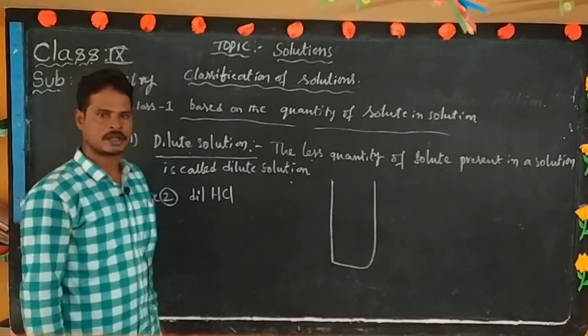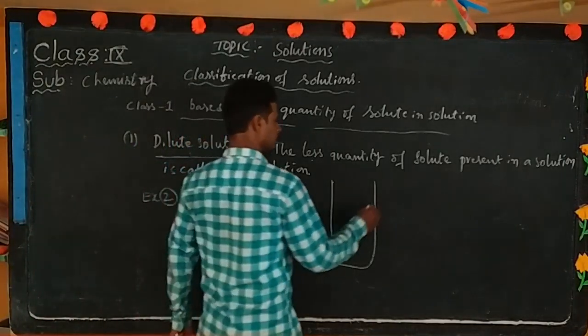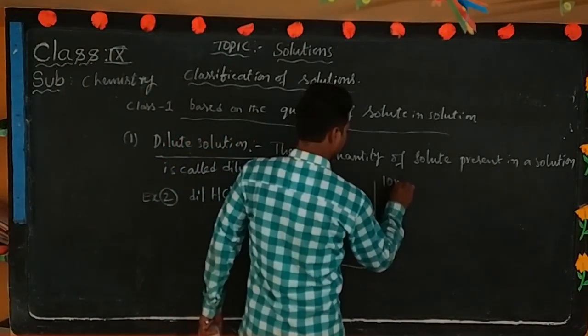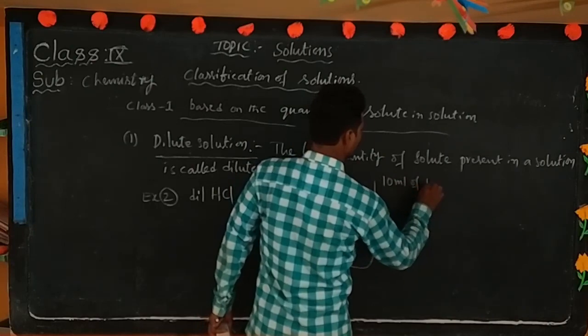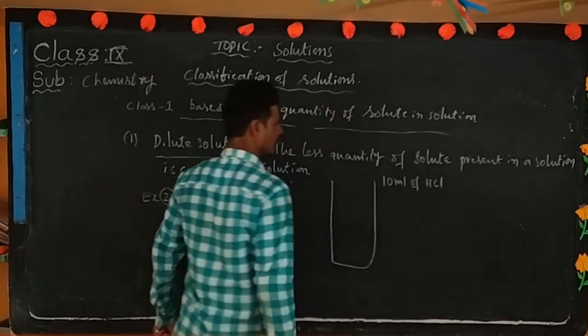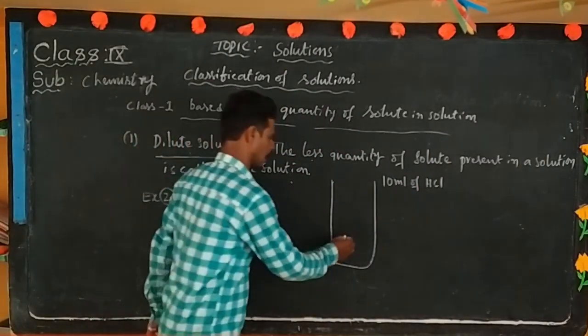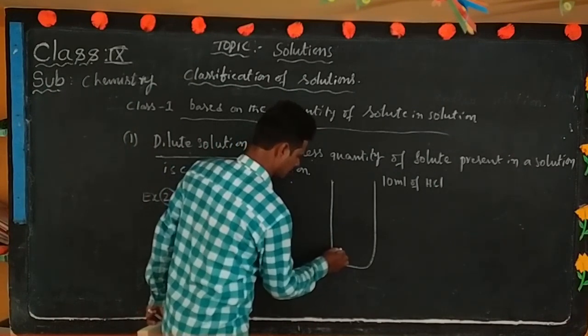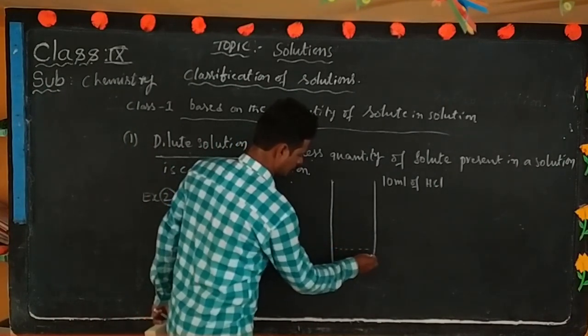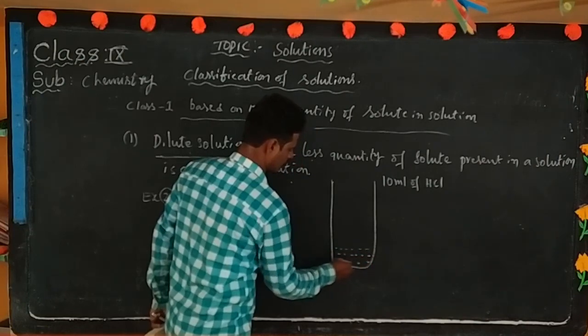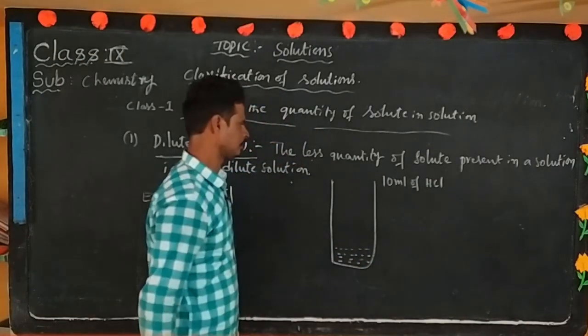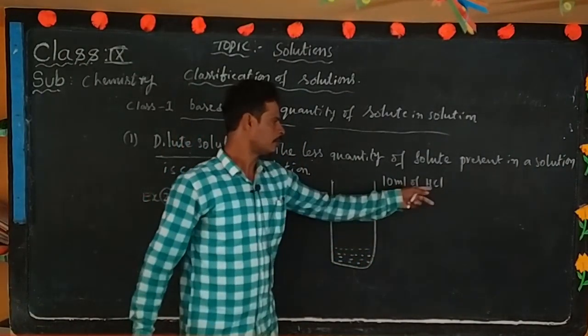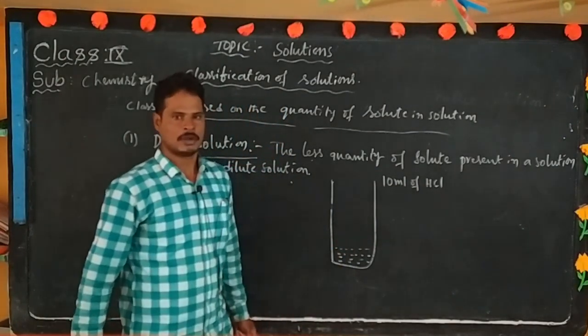Take a small beaker and add 10 ml of hydrochloric acid in the beaker. See here how much HCl was added into the beaker? 10 ml.